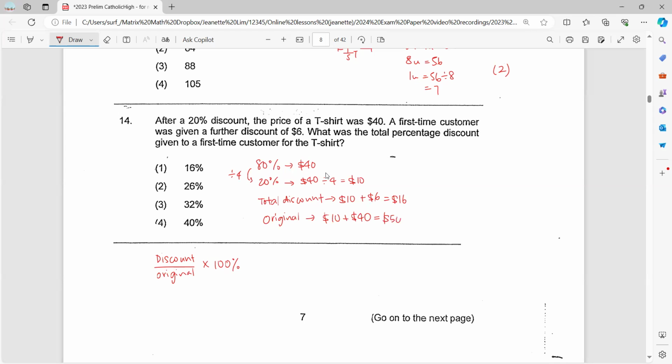You will also get $50. Then using the formula, 16 over 50 times 100%. You can simplify this. This is 1. This is 2. So 16 times 2, 32%. Option 3.